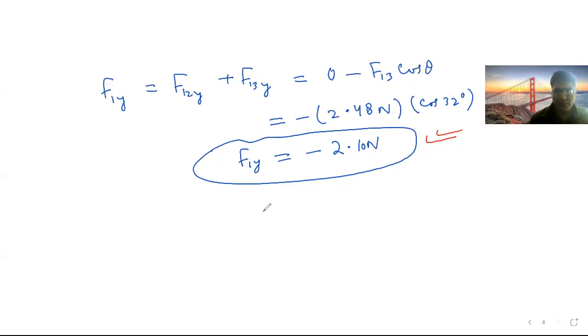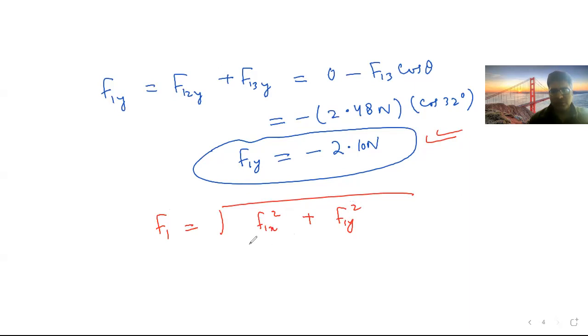You know, magnitude of F1 will be square root of F1x square plus F1y square. This is your simple vector rule. If you know the components, you can find the magnitude.